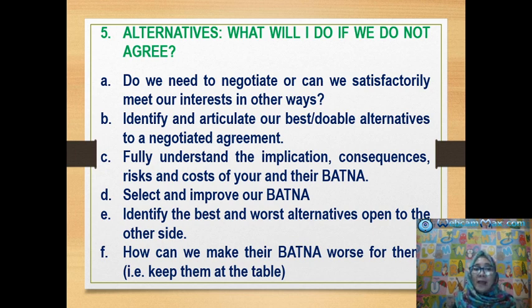C. Fully understand the implications, consequences, risks, and costs of your and their alternatives. D. Select and improve our alternative. E. Identify the best and the worst alternatives open to the other side. F. How can we make their alternative worse for them? Namely, keep them at the table.